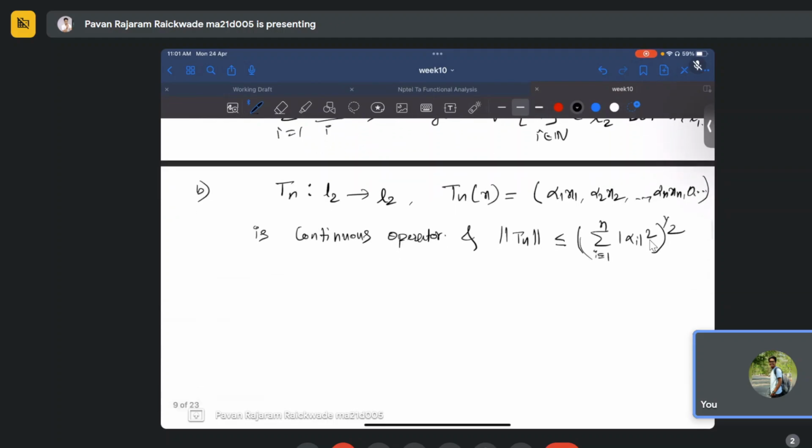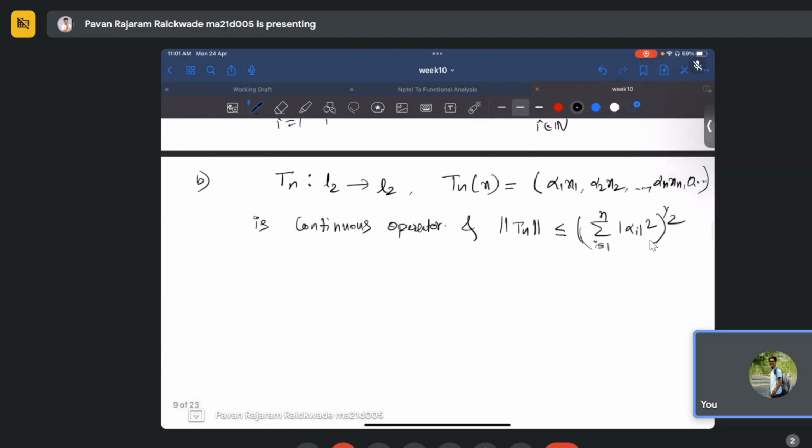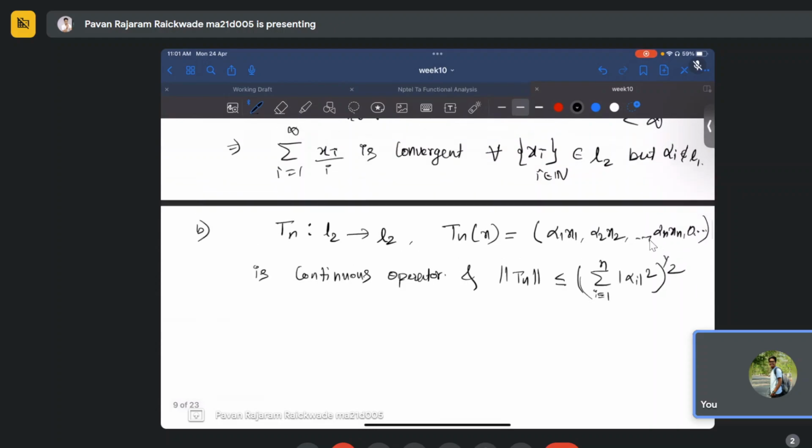The Cauchy-Schwarz will give you this, and this is not just less than or equal. If you take particularly the sequence xi equals alpha i, I mean x to be equal to alpha 1, alpha 2, up to alpha n, then 0, then you get the norm of Tn x is this quantity.